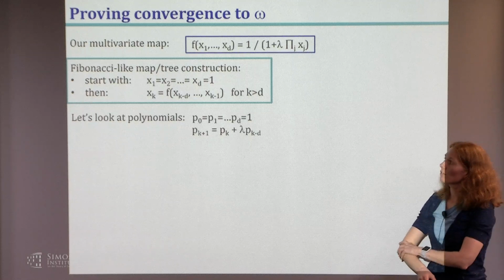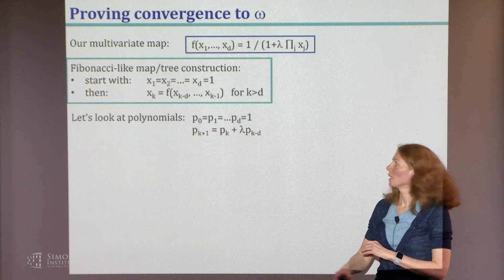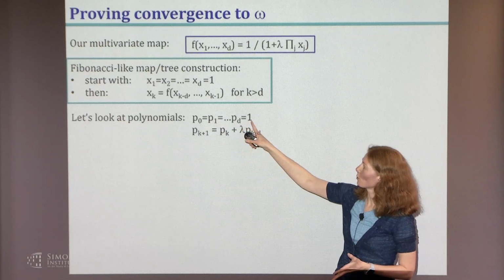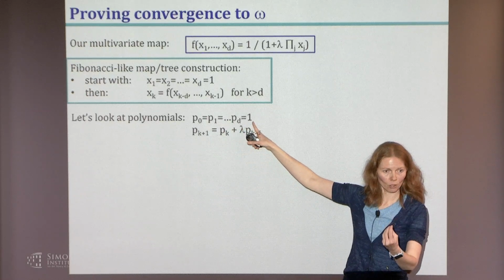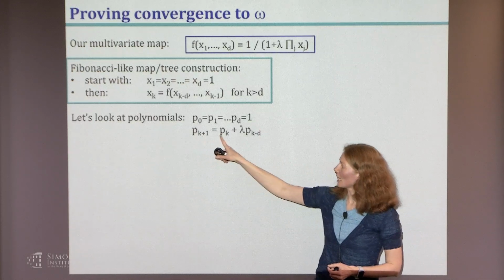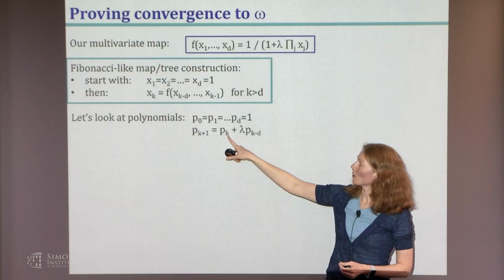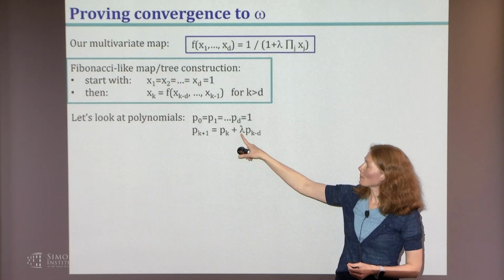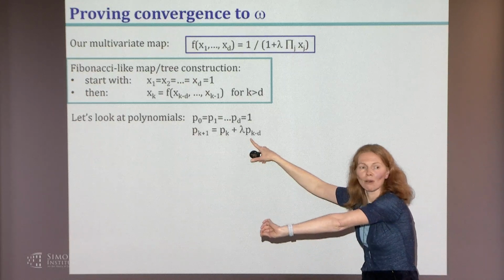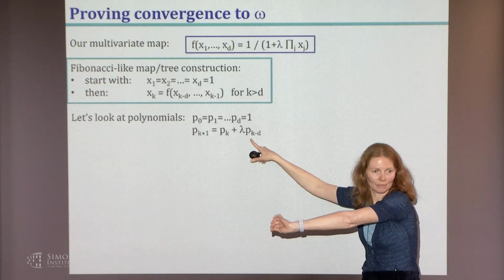Let's look at the following polynomials. So I'm going to set my first d plus 1 polynomials to just 1, so a constant polynomial. But the next polynomial I'm going to take by taking the previous polynomial plus lambda times the dth polynomial from the end.